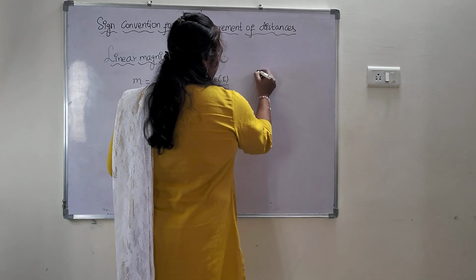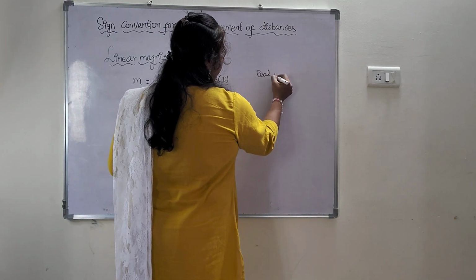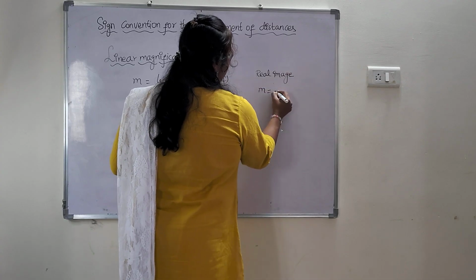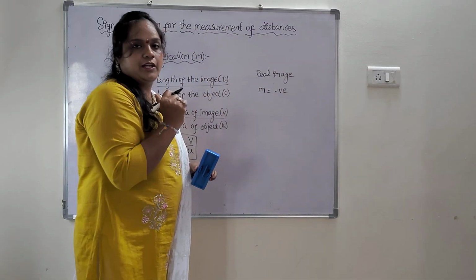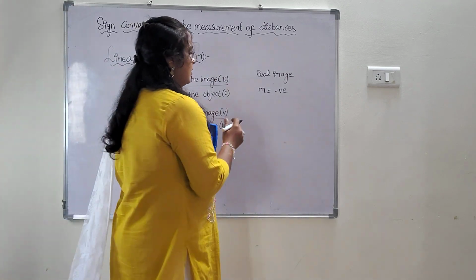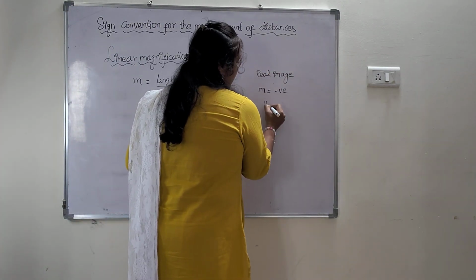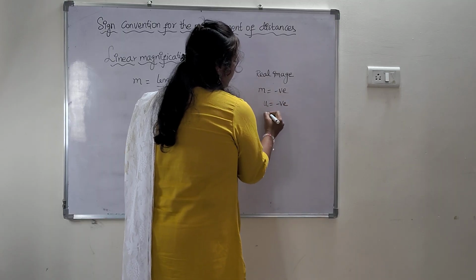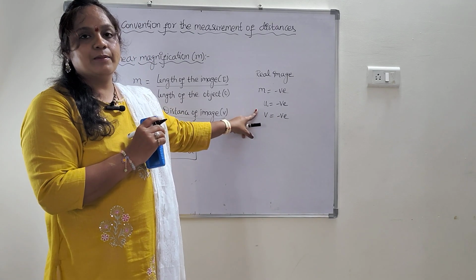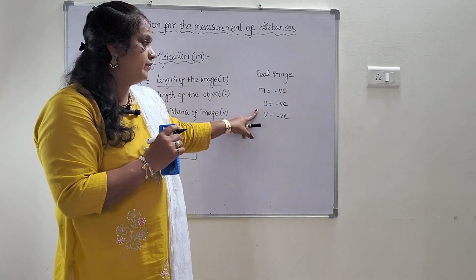For real image, magnification will be negative. Why, ma'am? Because for real image, U will be negative, V also negative. If you substitute both, you will get magnification negative only.